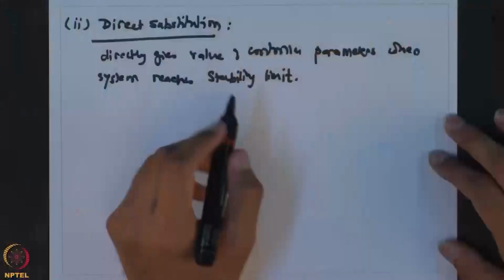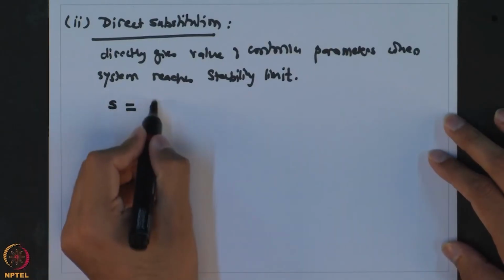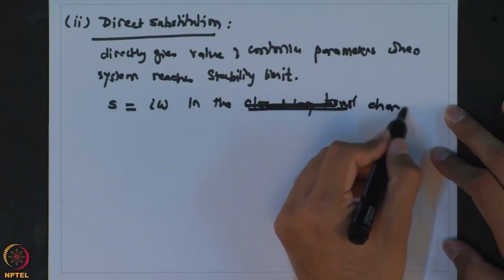The system just has sustained oscillation, which is also known as marginal stability, and then any value of Kc greater than that will result in growing oscillations or instability. So, there is another way of calculating this limit when the system has sustained oscillation, and that is known as a direct substitution method. So, what you do is you substitute s equal to i omega in the characteristic equation.